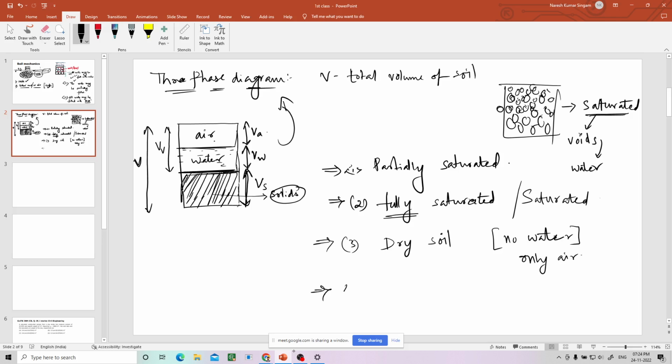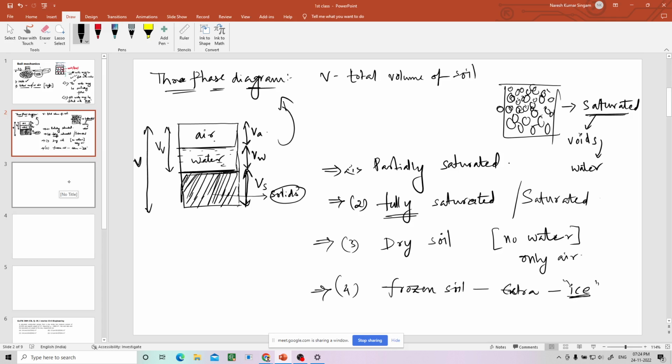And the fourth one is frozen soil. Generally we don't deal with frozen soils in the geotechnical engineering subject. Frozen soil has ice in it, along with water, air, and solids; extra ice will be there along with all these things.